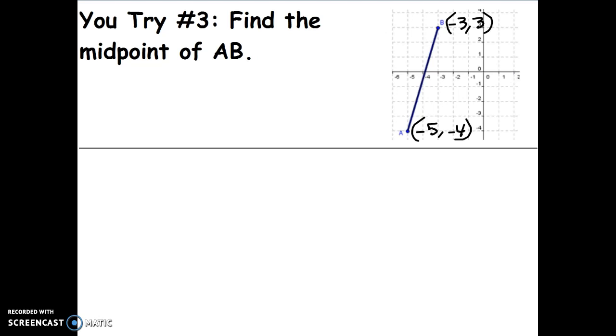All right, let's go ahead and see if you got it right. So I'm just going to start right off by plugging everything in. So this is my 1, this is my 2. So this is x1, y1, x2, y2, and we know we have 1/2. So let's go ahead and plug everything in.